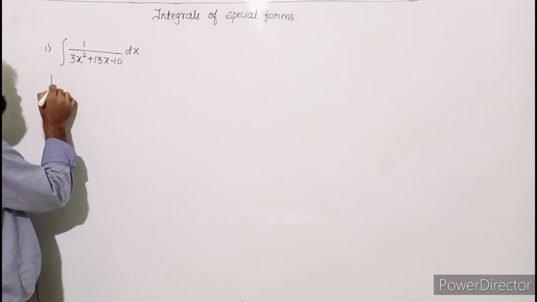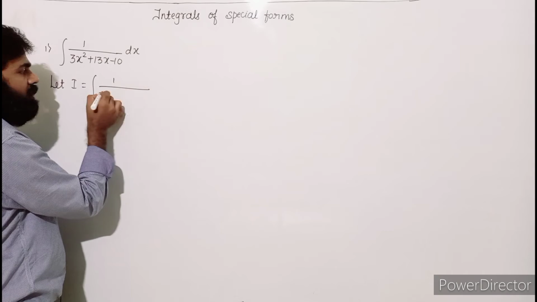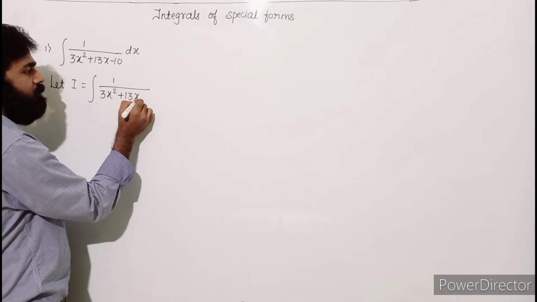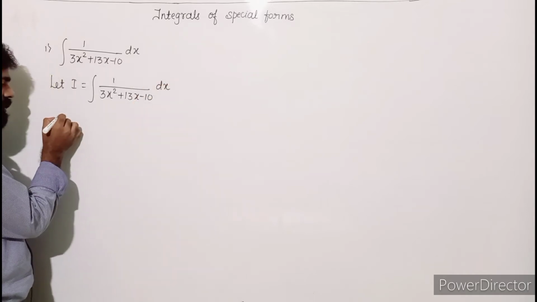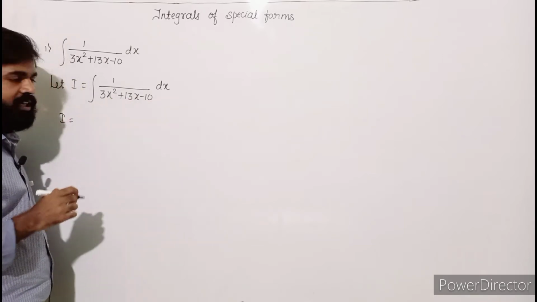Let's take this integral as I, 1 divided by 3x square plus 13x minus 10 dx. So I equals, I will take 3 common from the denominator.